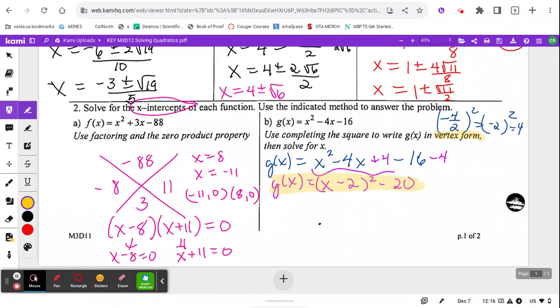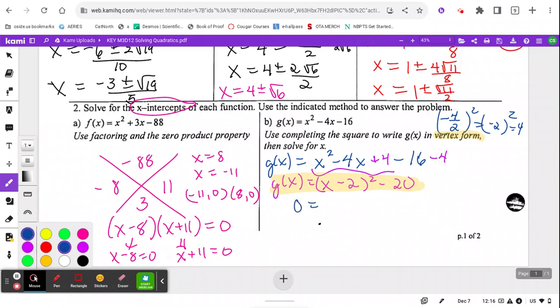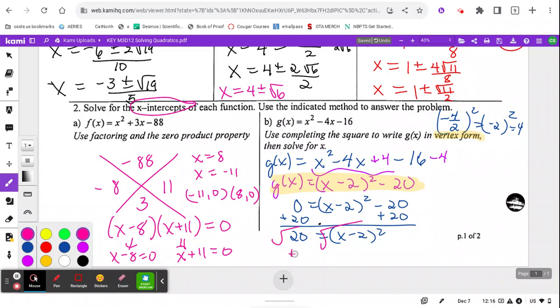But then the whole problem said use the indicated method to solve. So we keep going on this one now by setting it equal to 0. And we're going to add the constant to both sides so that we can square root. Root 20 breaks down into root 4 times 5, or 2 times 2 times 5. So a 2 comes out, a 5 stays in.